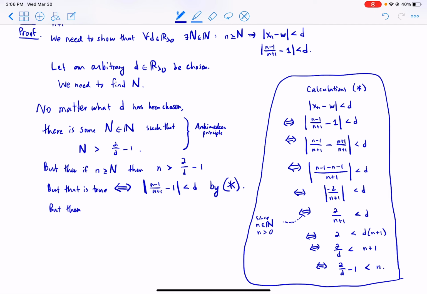But then, we're done. But then this shows that the sequence x sub n converges to 1. End of proof.